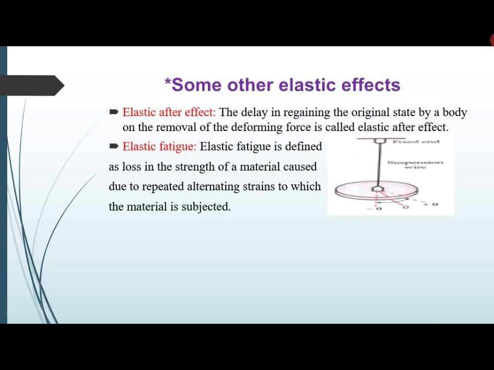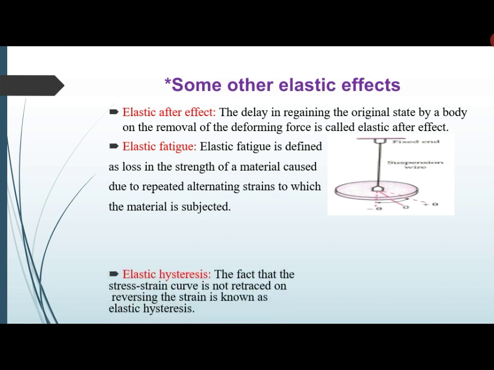So due to the continuous alternating strain, the wire is said to be tired or fatigued. A hard wire can be broken by bending it repeatedly in opposite directions, because it loses its strength due to elastic fatigue.